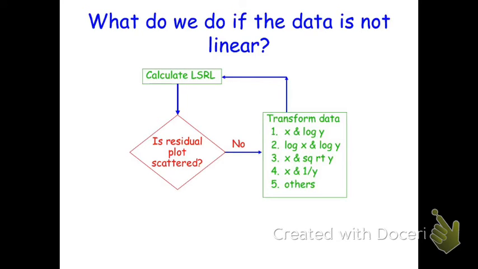What this means to us in the context of what we would be tested on is being able to identify if the transformation is a good one. If it is good, the residual plot should be scattered. If it's a bad one, it has a pattern.